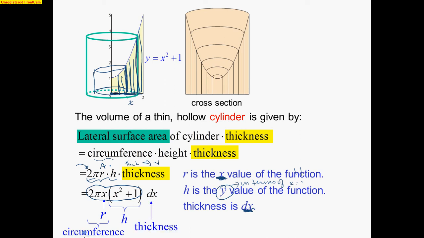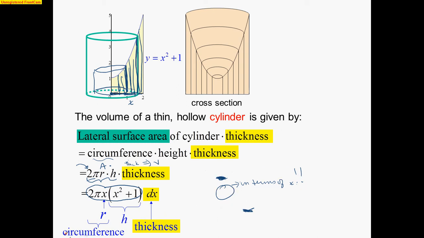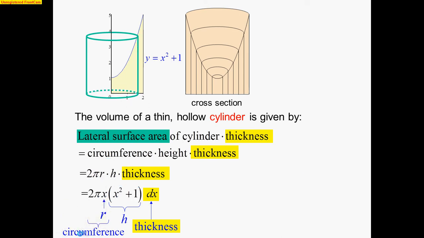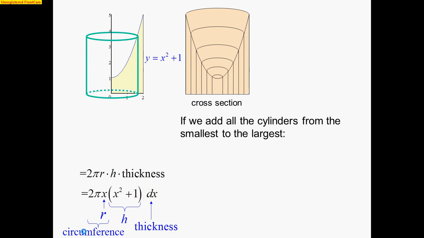And each one of those cylinders has a thickness that is a small change in x. How do I sum them all up? Calculus. Notice x numbers: radius is in x, height is in terms of x, thickness dx.